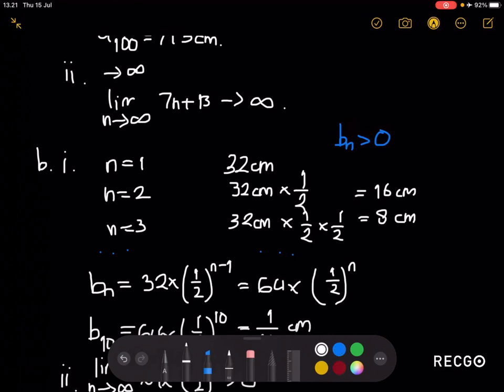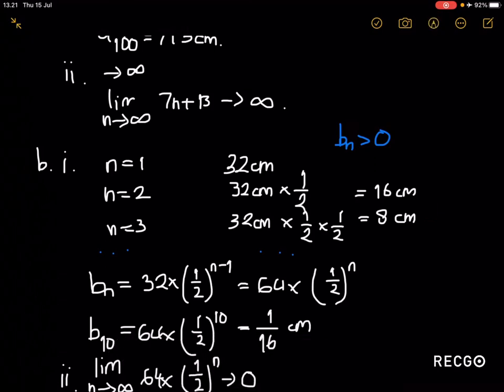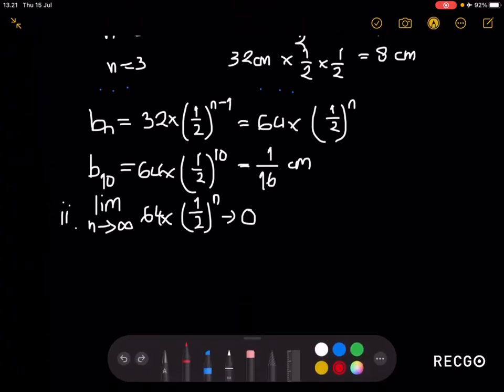And we're also multiplying by a positive number, so there's no negative shenanigans here. If the sequence keeps reducing and reducing, eventually it will approach a number which is very, very close to 0. So again, it will approach 0 in this case, which ends this video.